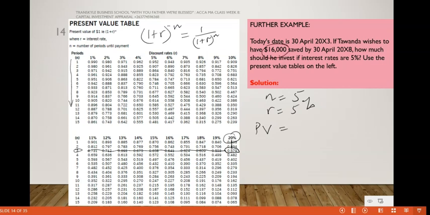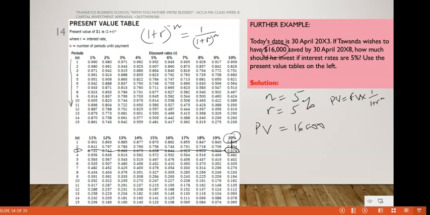We are given the FV because this is the amount this guy has to obtain. The amount he's going to receive, that's the future value. Our 16,000 is the future value. Remember, PV is equal to future value multiplied by 1 over (1 plus r) to the power n.